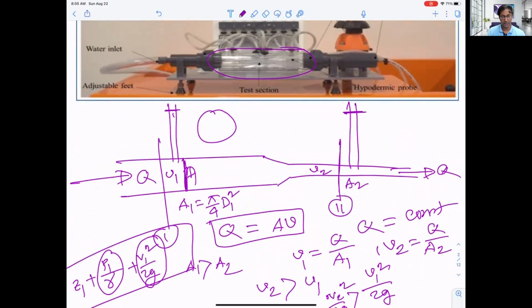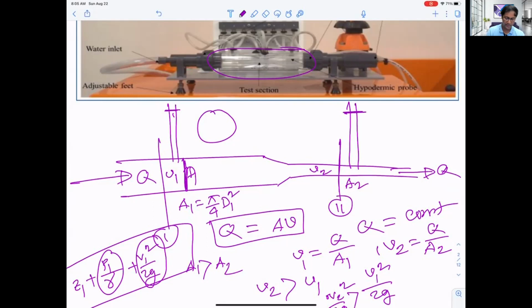In order to keep the summation constant when the cross-section changes, velocity head will be converted to pressure head at some point, and pressure head will be converted to velocity head.